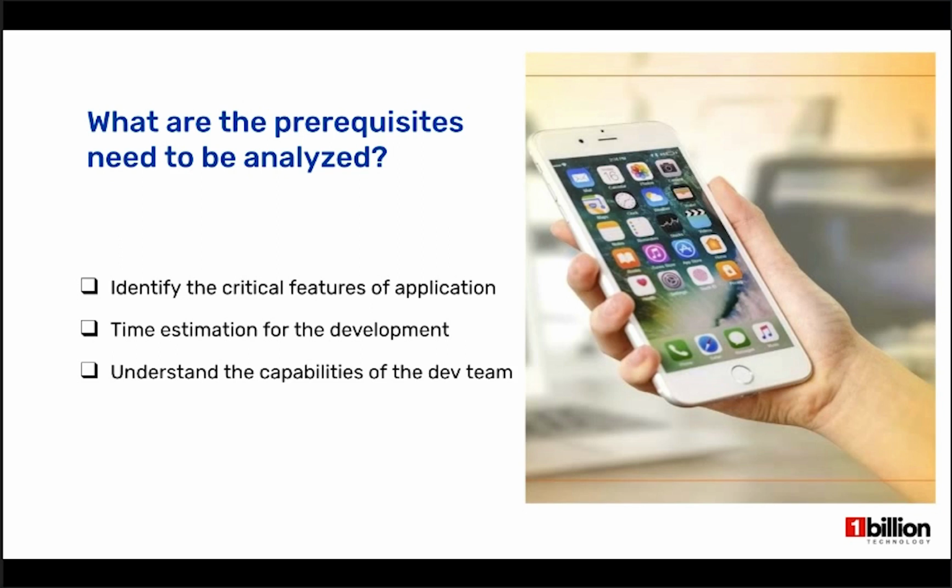The third point is very relevant and very important: understanding the capabilities of the dev team. As I mentioned earlier, your entire application can change as CRs come towards your application development.